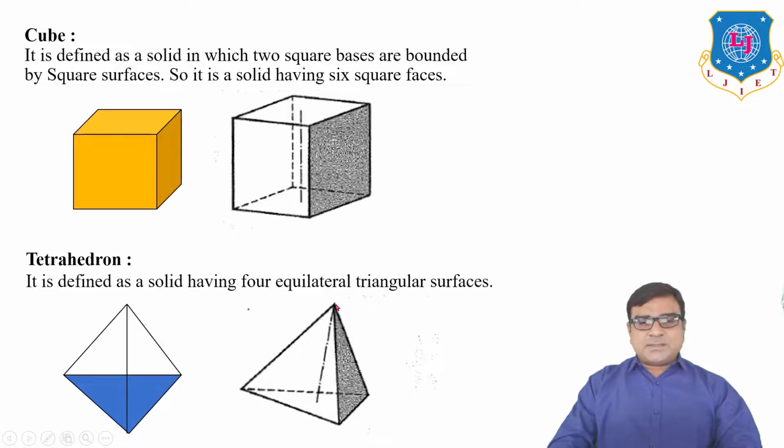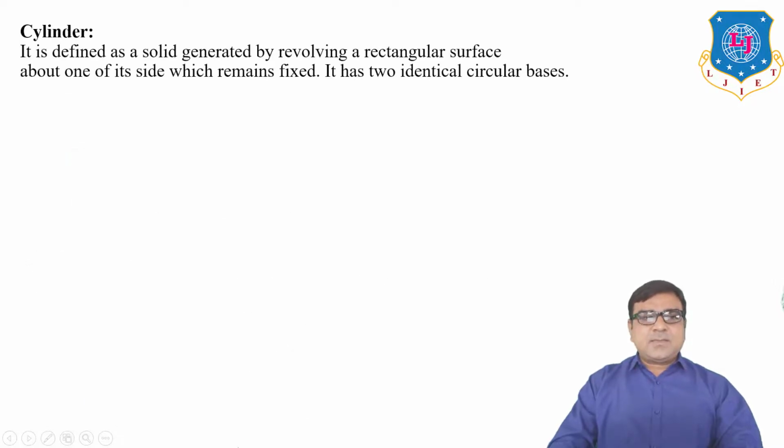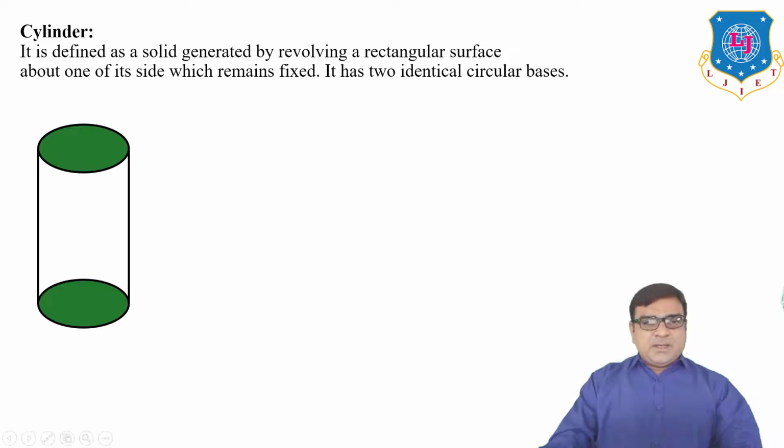So the axis goes from the apex to the center of the base. Cylinder. It is defined as a solid generated by revolving a rectangular surface about one of its sides which remains fixed. So in a solid cylinder the base is circular, the top is also circular, and the lateral surface is curved.